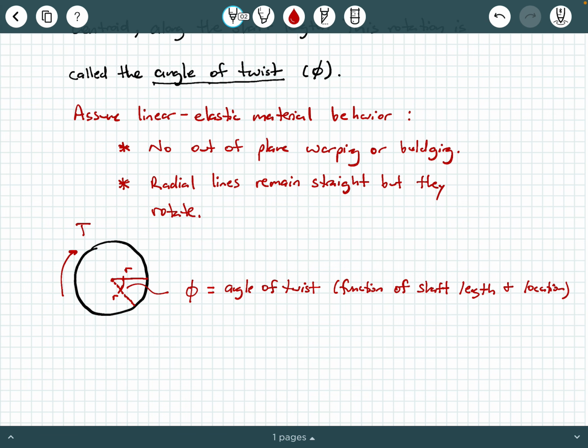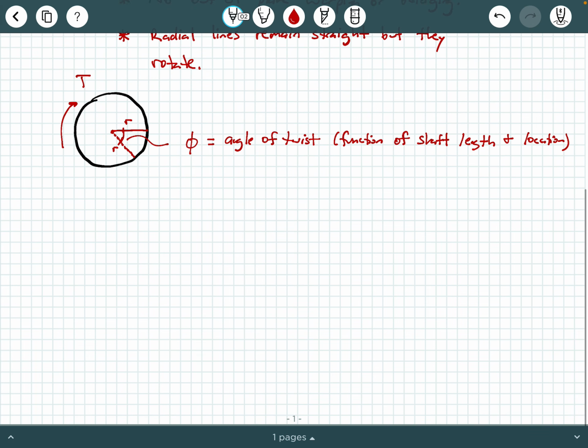Okay, so basically what we have here is a shaft that's maybe fixed on one end, okay, and free on the other, and you have a location variable x here, then phi will be a function of x.